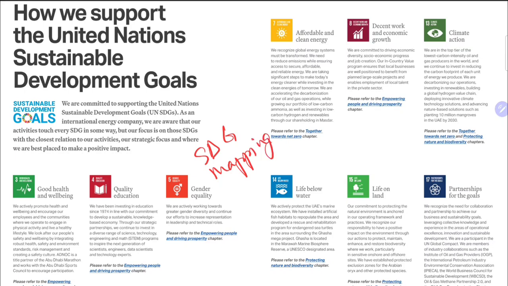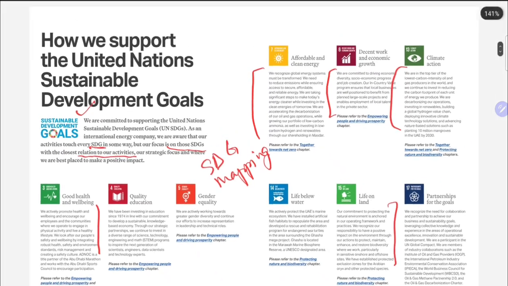The company says we are committed to supporting the United Nations Sustainable Development Goals. As an international energy company, we are aware that our activities touch every SDG in some way, but our focus is on those SDGs with the closest relation to our activities. So suitable SDGs have been identified and prioritized, and you can see the actions written down related to each sustainable development goal here.